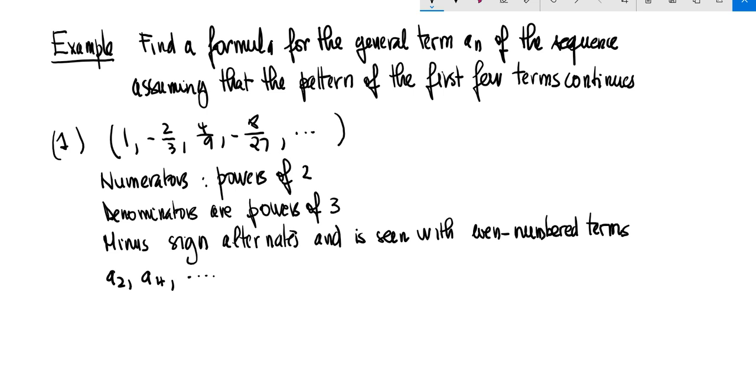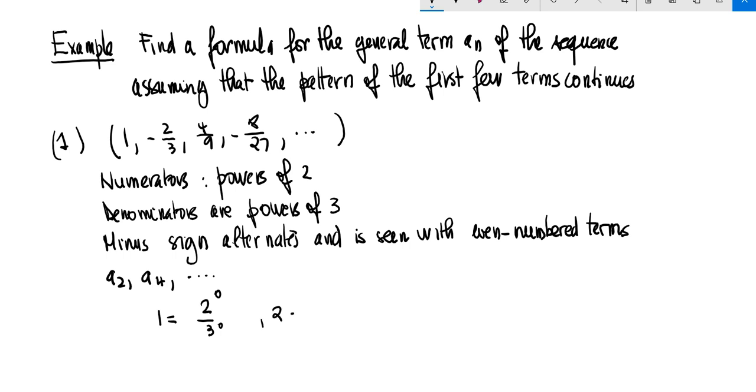The first term here is a power of 2, so you can write 1 as 2 power 0 over 3 power 0. But I'll come back to the sign for now.